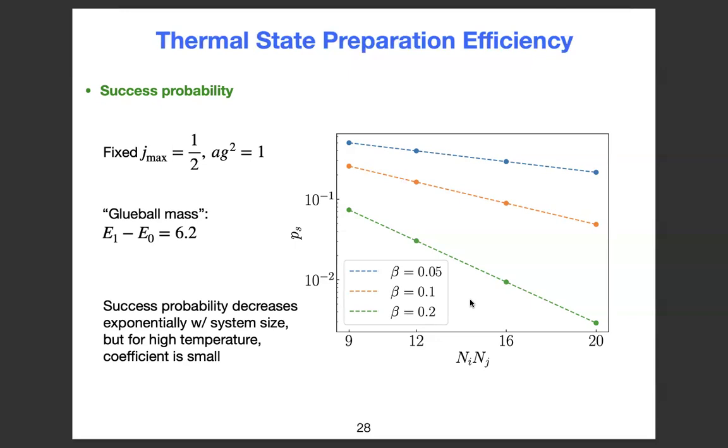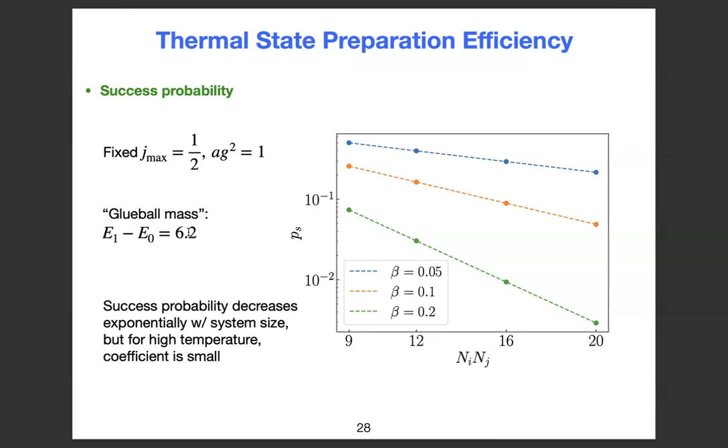And what does high temperature mean here? It means it's much larger than the typical scale of the problem. The typical scale in my problem here is a gap mass, which can be calculated by the energy difference between the first excited state and the ground state. In my case, it's 6.2.